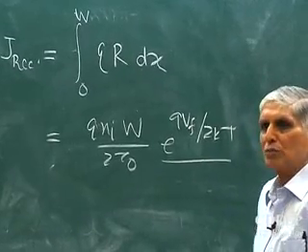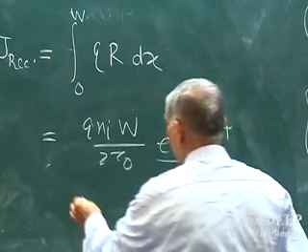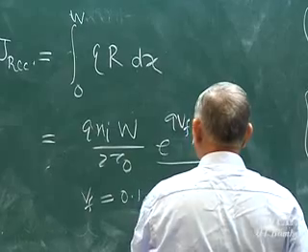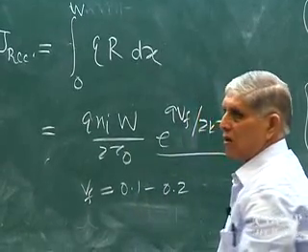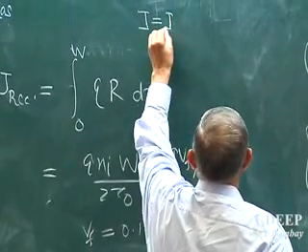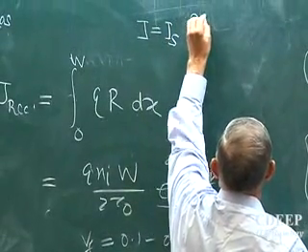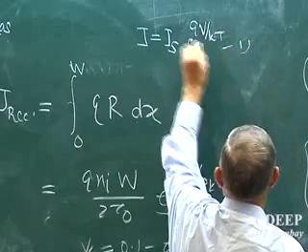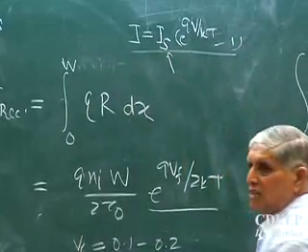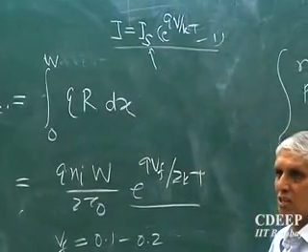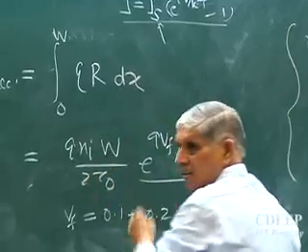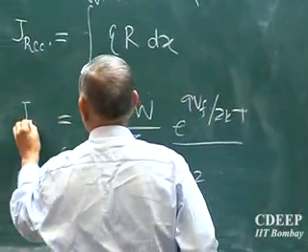If I now substitute Vf of the order of 0.1 or 0.2 in the other term, which is I is equal to Is e to the power qV by kT minus 1, which is our normal current we said, evaluate Is, and of course if you want I, then what should I do?